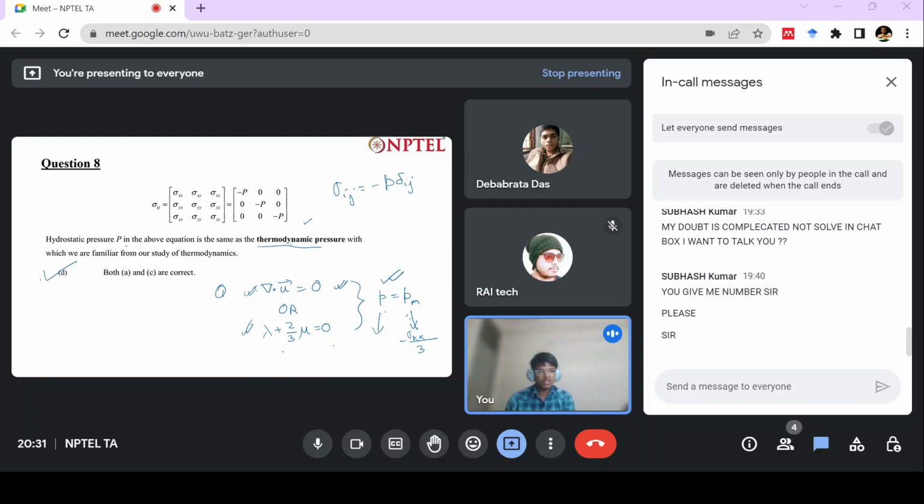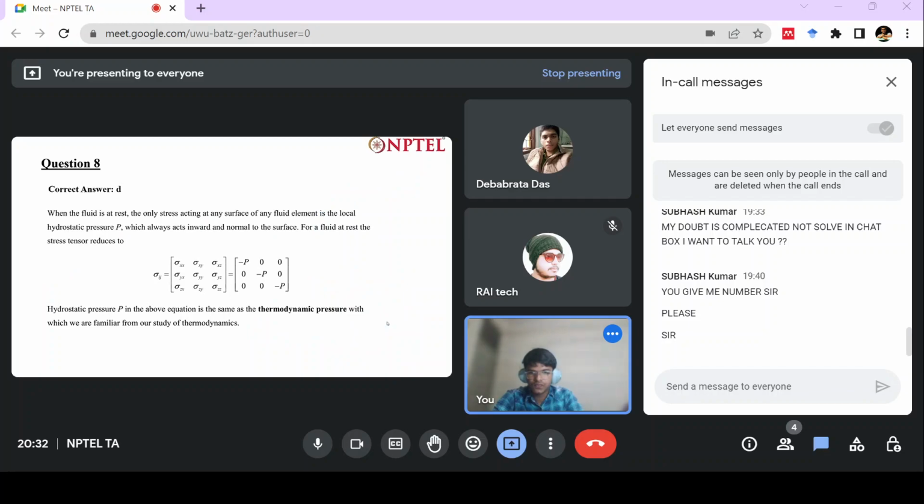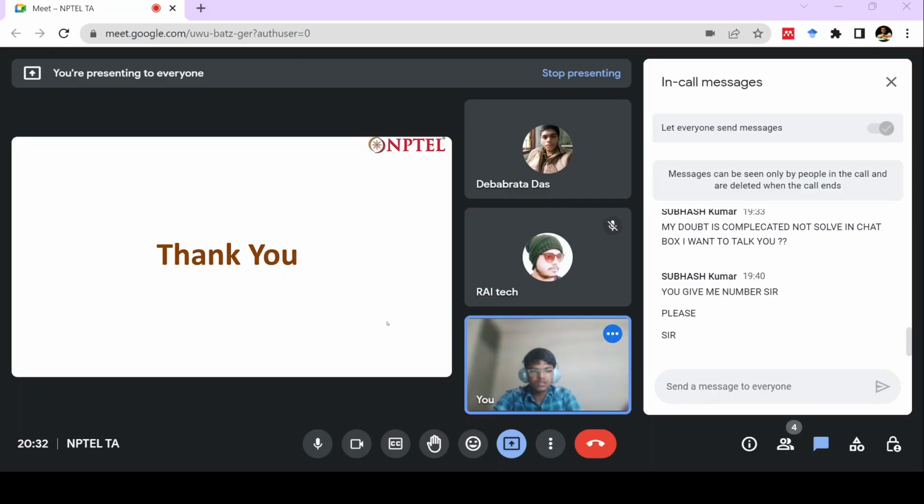We also use it in our stress definition: P delta ij, this P that we are using, plus tau ij. So this is my stress, and this P that we are using is my thermodynamic pressure. So you have to keep this in mind. Yeah, the same thing is explained here.